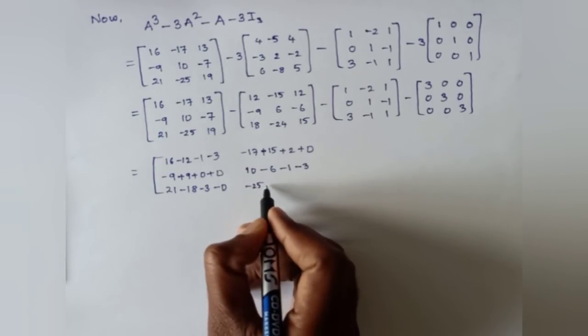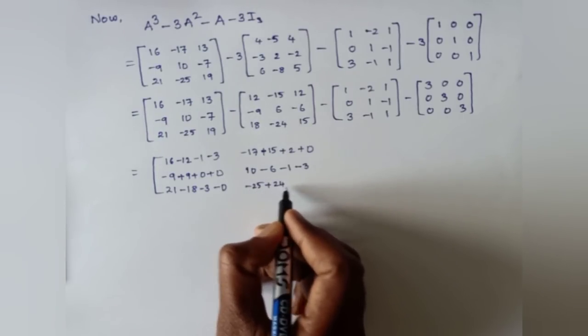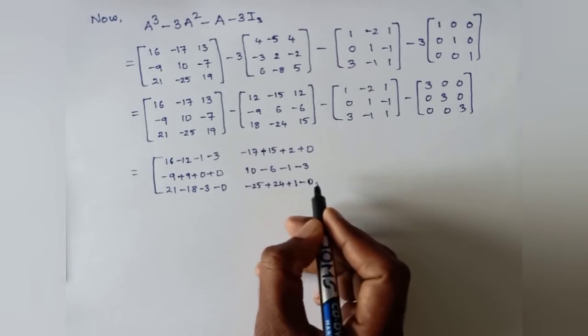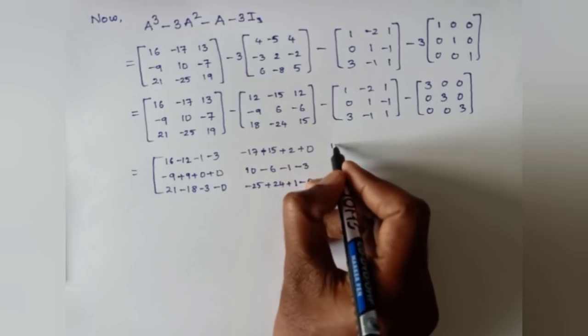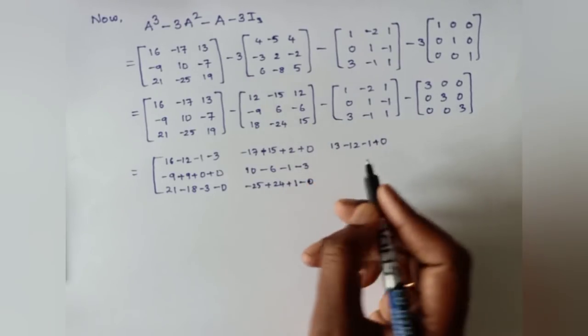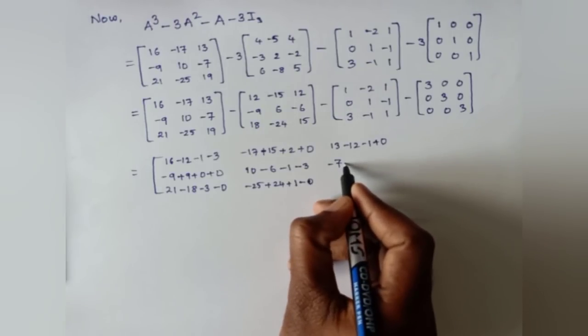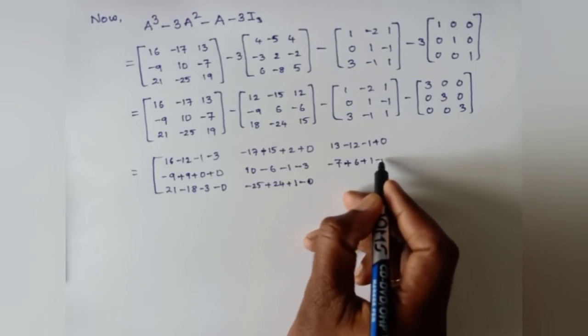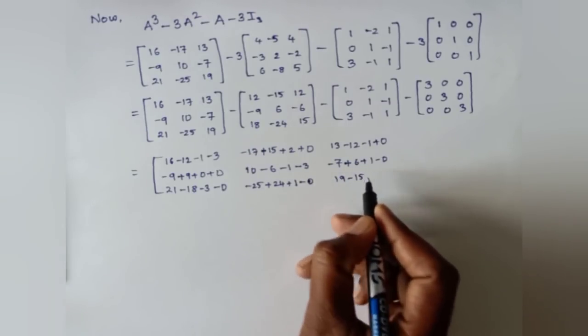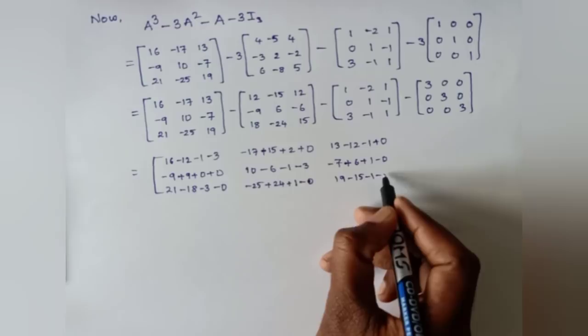Minus 25 plus 24 plus 1 minus 0. And the last element similarly, 13 minus 12 minus 1 minus 0 or plus 0. This is minus 7 plus 6 plus 1 minus 0. And 19 minus 15 minus 1 minus 3.